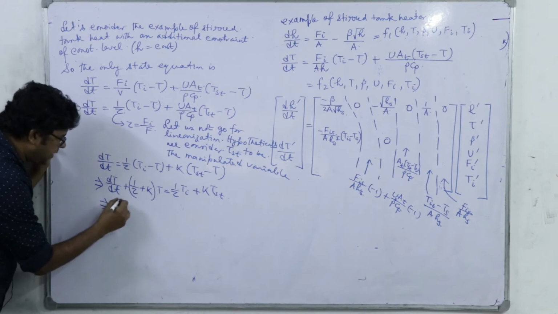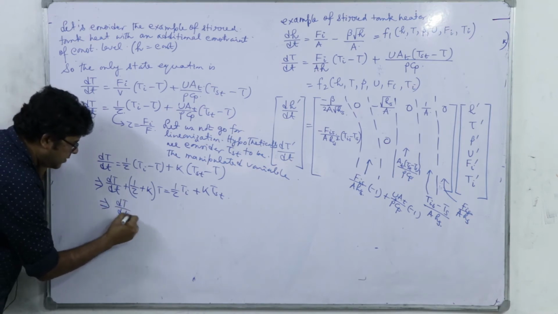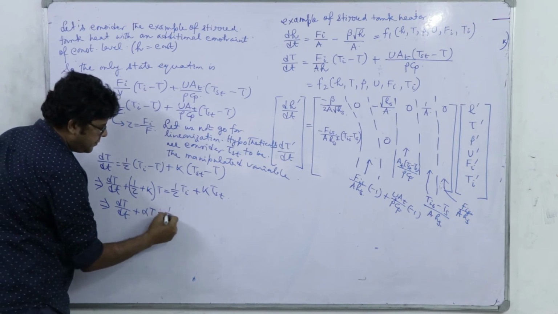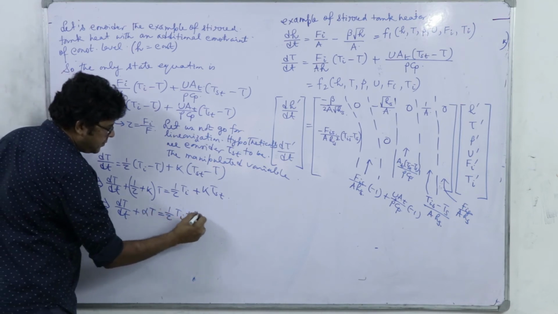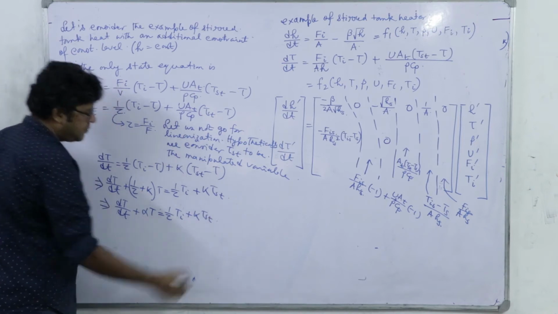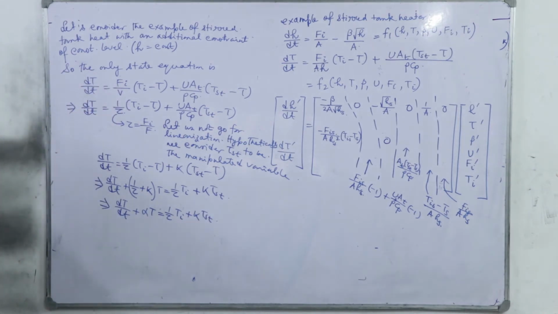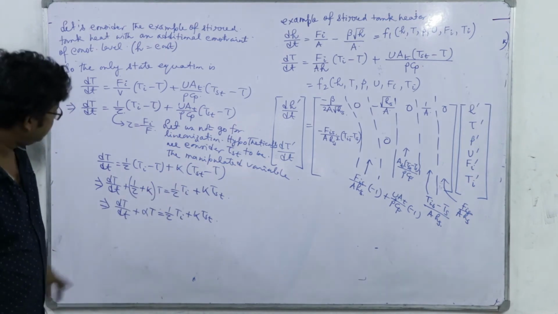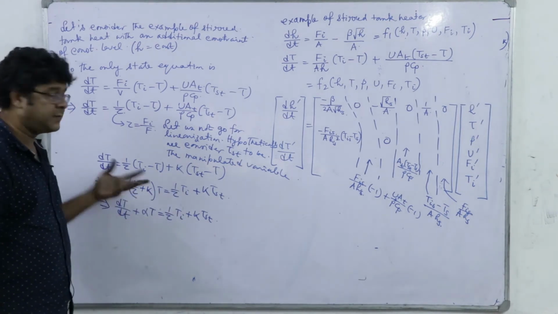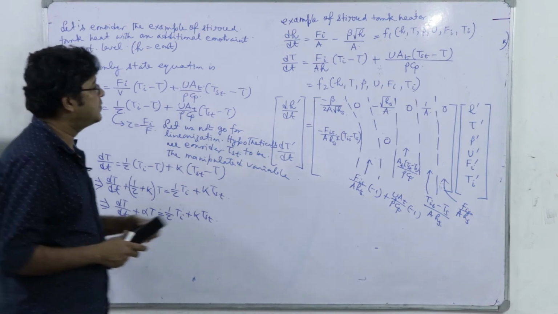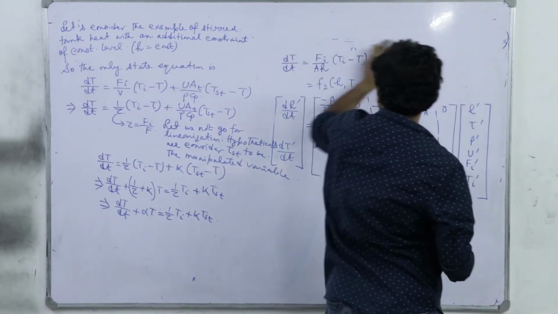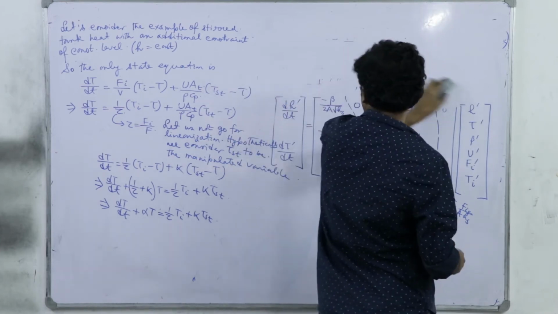And this 1 by tau plus k, we consider to be alpha. That is my final state equation, but we have to further convert it into deviation variable form before we solve for this input output model.